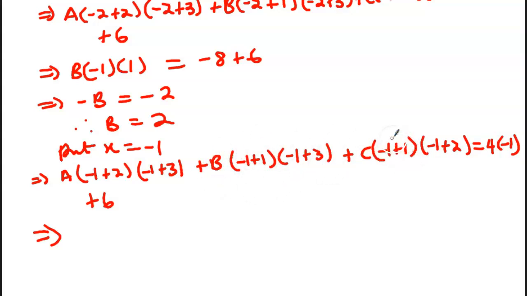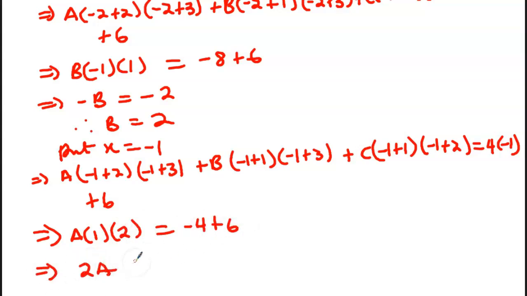Minus 1 plus 1, this one will also give us 0, so this whole term will be 0. So we have a times minus 1 plus 2 is 1, and this one, minus 1 plus 3 is 2, which is equal to minus 4 plus 6. So we have 2a equal to minus 4 plus 6, which is 2. So divide both sides by 2. So a is equal to 1.